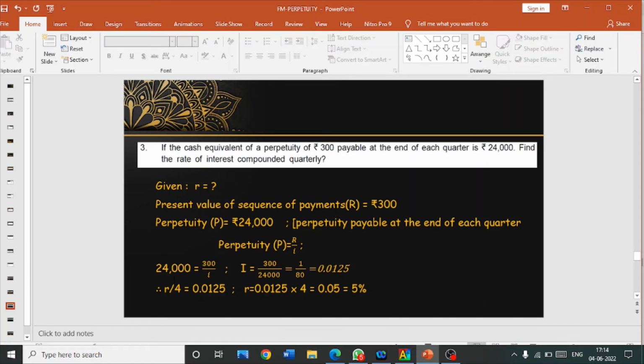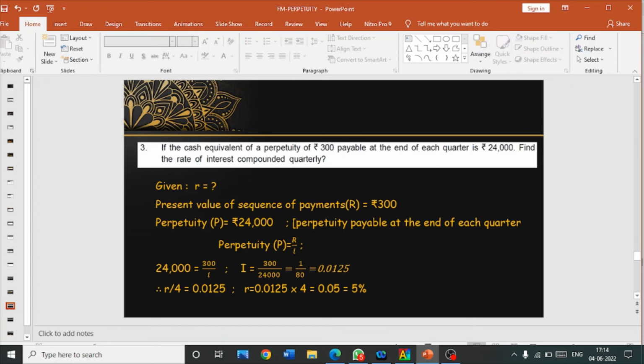So 24,000 equal to 300 by I. Exchange this I with 24,000. I equal to 300 by 24,000. Cancel a 0 with a 0, 3 with 24. So 1 by 80 you will get. 1 by 80 when you divide it you will get 0.0125.